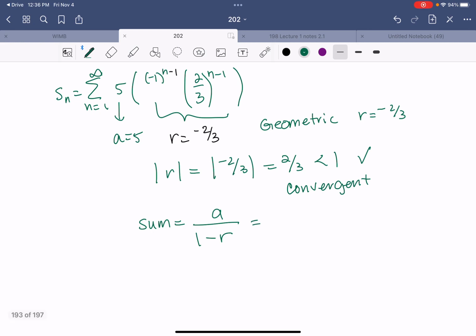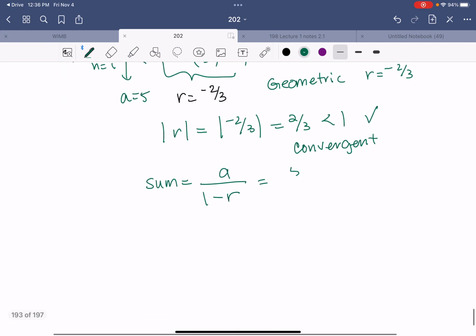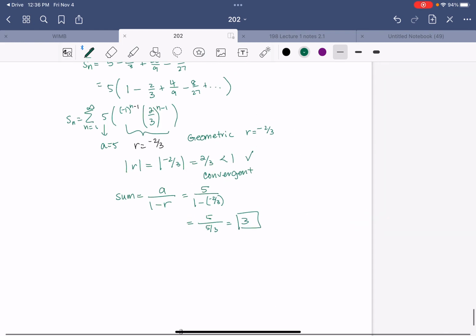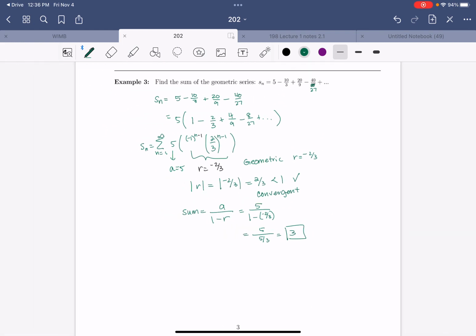And so this is equal to a, which is 5, over 1 minus negative 2/3. And so this is 5 over 5/3, or 3. Okay. So that's an example of a geometric series.